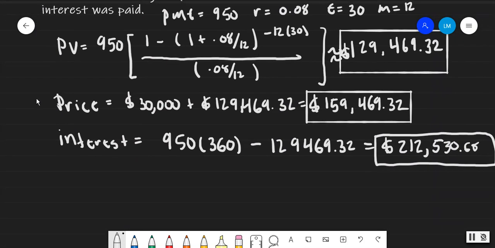So they usually say, for instance, that the more that you put down, the less that the payments will be. And also the longer, so if they had extended it to like 35 years maybe, then in that case, yeah, that might lower the price a little bit. But this does not include paying back something early or making extra payments, for instance.